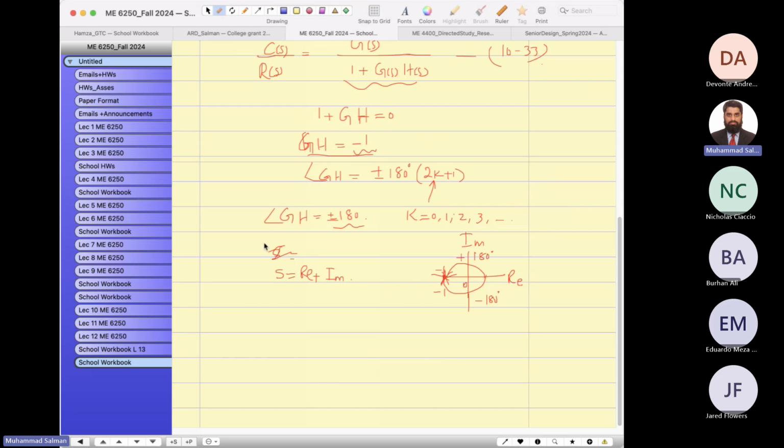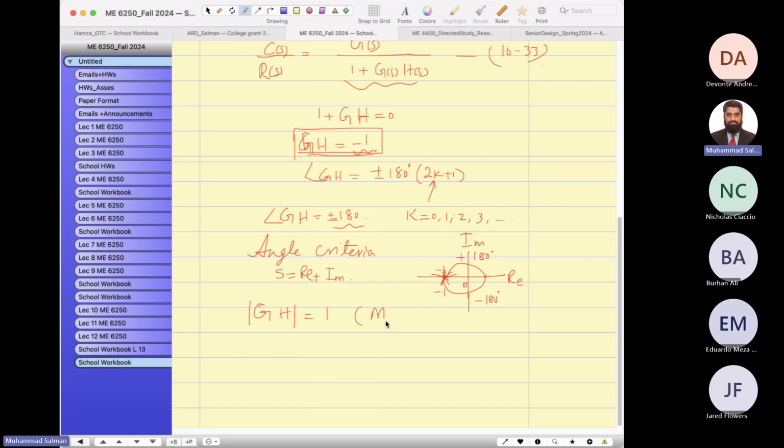Let me erase this portion. This is known as the angle criteria, which should be fulfilled to locate the root locus in the Laplace domain. So you will see this condition should be met in order for the locus to have the root on it. Another criteria is this one, which is also known as the magnitude, which should be equal to 1.